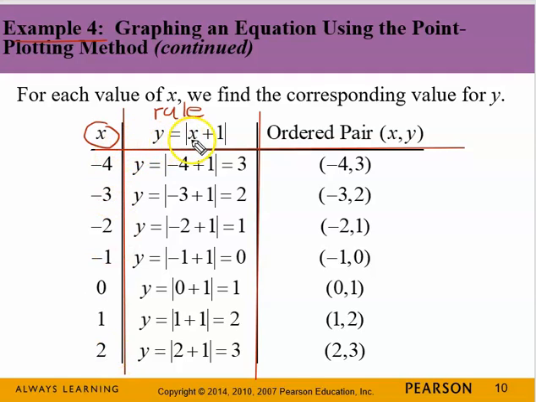So if you put for the x value a -4, this becomes then the absolute value of -3, which is a +3, which gives us this ordered pair. Now, if you put a -3 in there, and again, remember, absolute values are a grouping symbol.